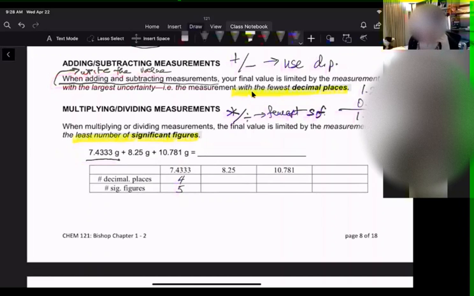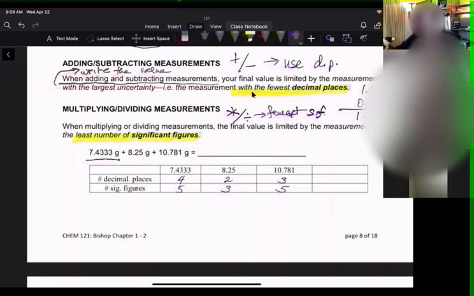So I'm identifying the decimal places and the SigFigs for every number going into the calculation, and I'm going to use that to figure out how many SigFigs or decimal places are in the answer. This one has 2 decimal places and 3 significant figures, and this one has 3 decimal places and 5 significant figures. How those two relate depends on the size of the number.